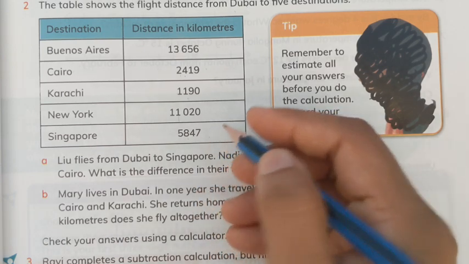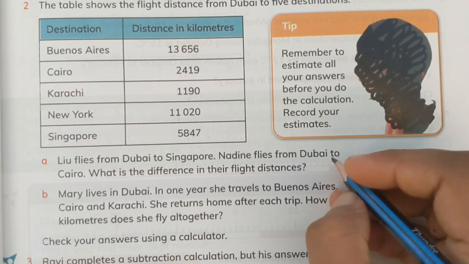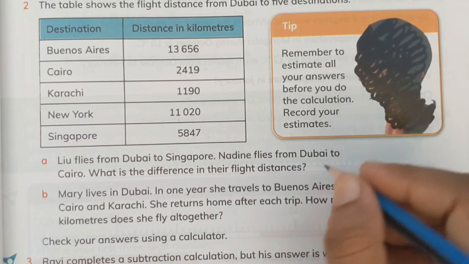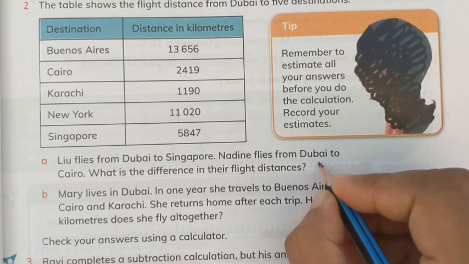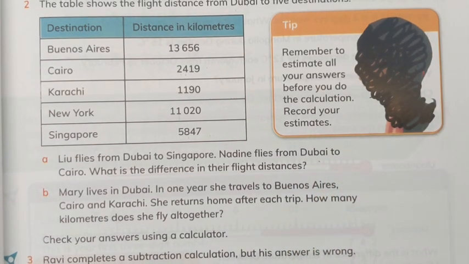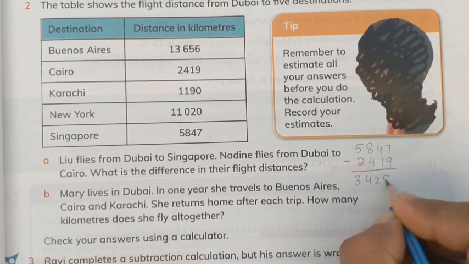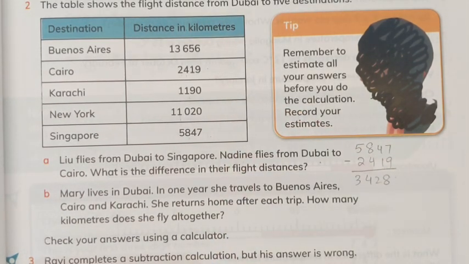So for this we are going to subtract 5,847 minus 2,419. So we are going to get 3,428. It means the difference between the two destinations is 3,428 kilometers.